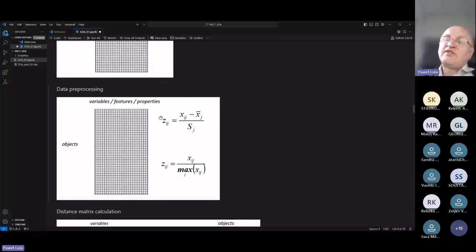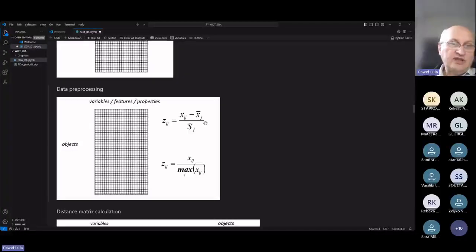So this transformation causes that values in a given variable will be scaled in such a way that the mean value for these scaled values in a given column is equal to 0, and the standard deviation is equal to 1. So it means that the dispersion, variability, of every variable is the same.